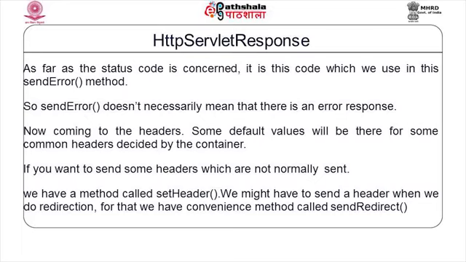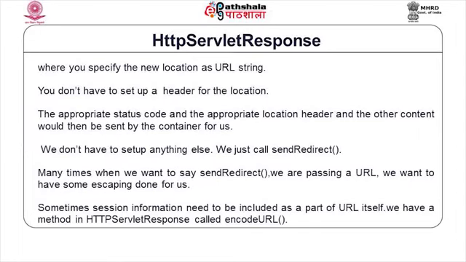For example, we might have to set a header whenever we do a redirection. We want to send a 301, but we want to set up some headers. No, we do not need to do all that. We have a convenience method called sendRedirect, where you specify the new location. You do not have to set up a header for the location.